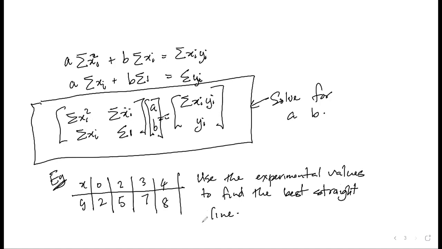So we need to find x squared, xy. We have 4 values.